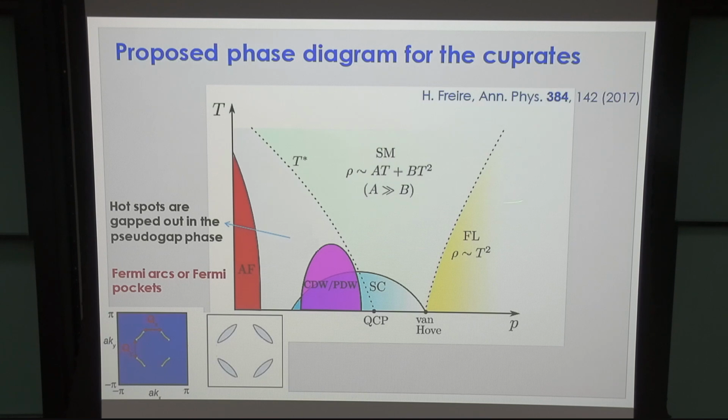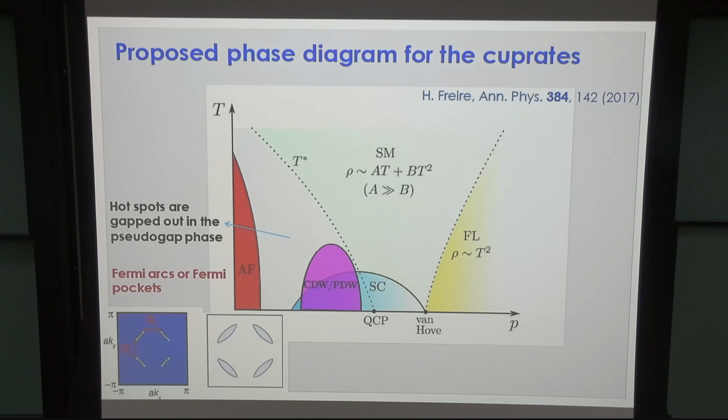Okay, but there will be a crossover regime where the T squared term will become, of course, more important than the linear T term. Okay, so the hotspots are gapped out in the pseudogap phase. So one may assume on a phenomenological level that the Fermi surface can be either Fermi arcs or Fermi pockets, it doesn't matter.